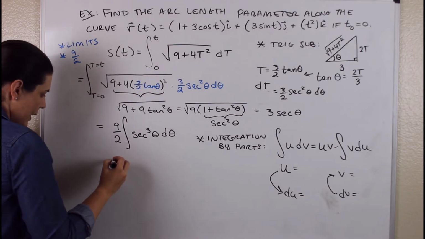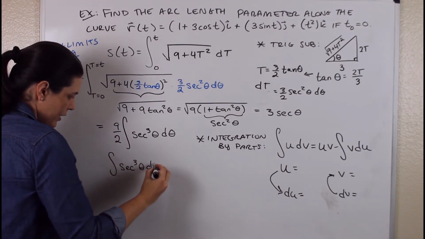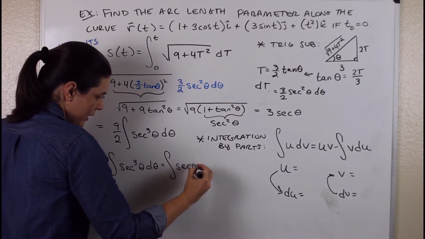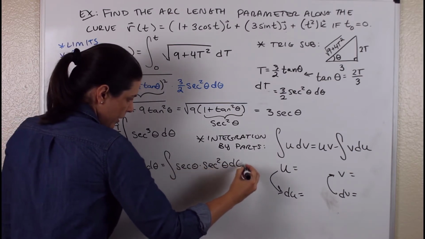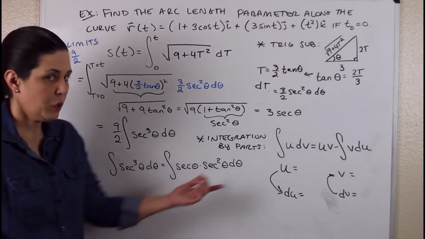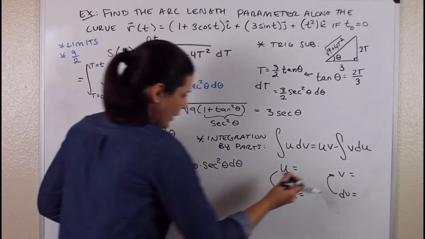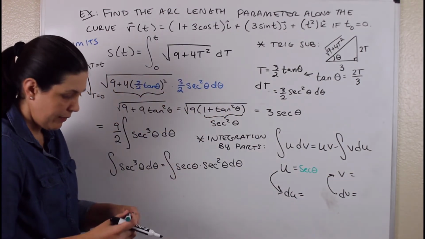So I'm going to say that the integral of secant cubed d theta can be broken apart as the integral of secant theta times secant squared theta. And then that way part of this is u and the other part's dv. So I'm going to say u is secant theta, and then that means everything that's left is the dv.